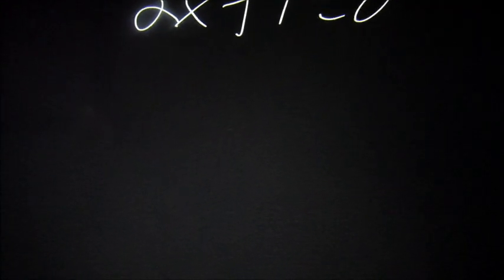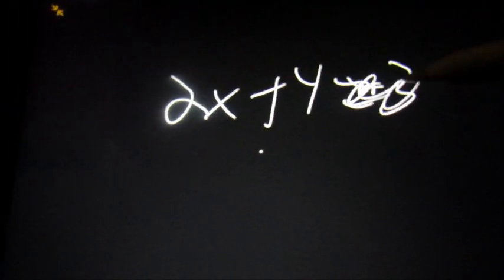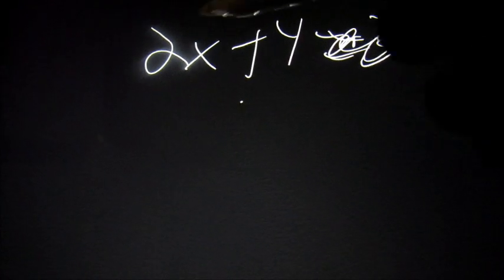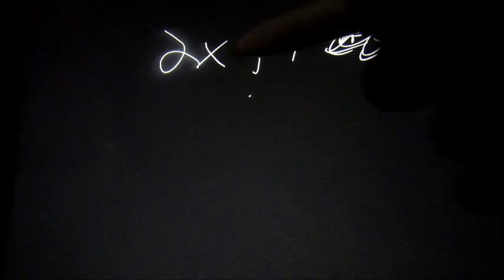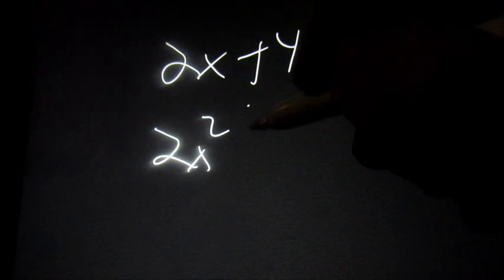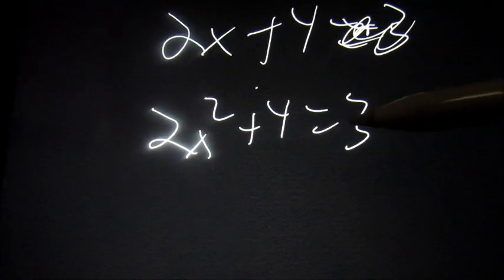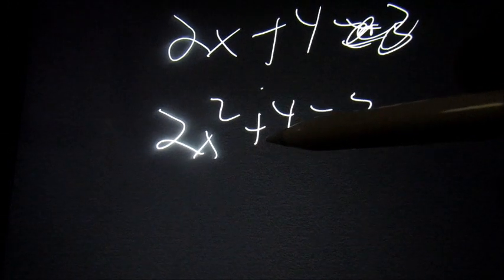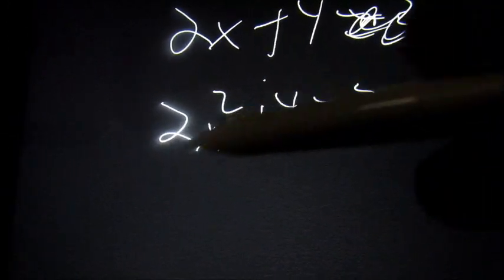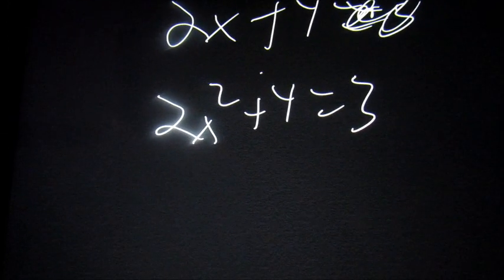Unlike what we had, like 2x plus 4 equals 3, where we would move the 4 over and then solve for x. But if we had 2x squared plus 4 equals 3, we would have to move the 3 over to this side so that we have everything on one side of the equal sign and it equals 0.